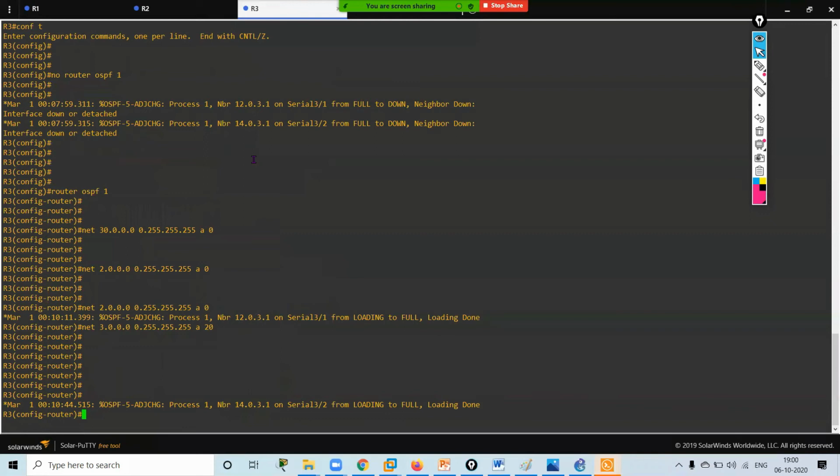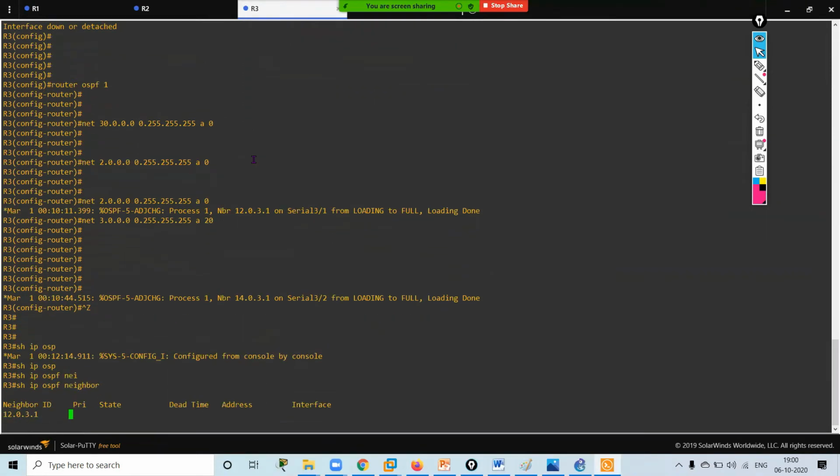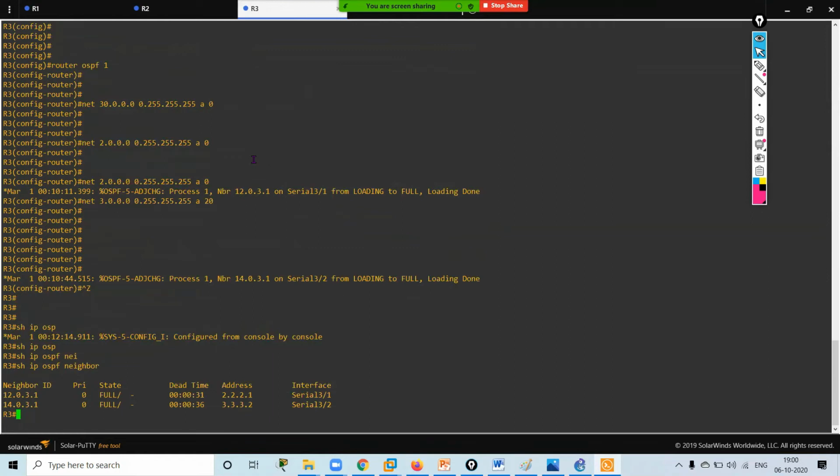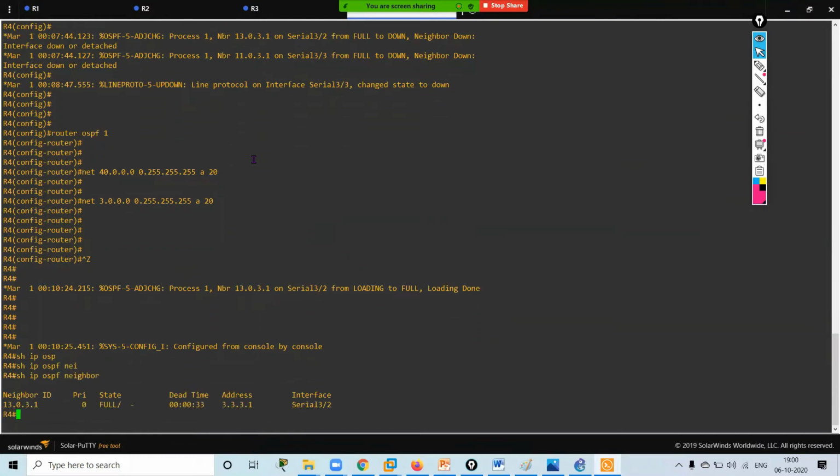If I go on R3 and check show ip ospf neighbor, I'll have two neighbors over here. On R4, show ip ospf neighbor, sorry, one neighbor over here, that is my R3. The state you can see is full.